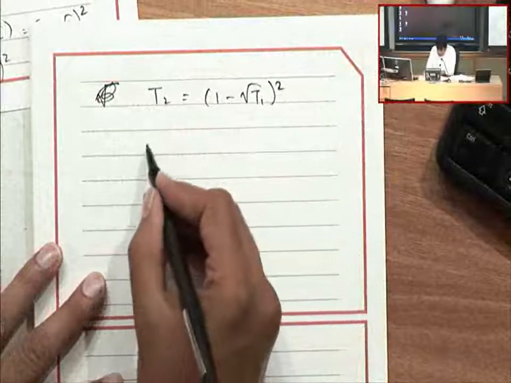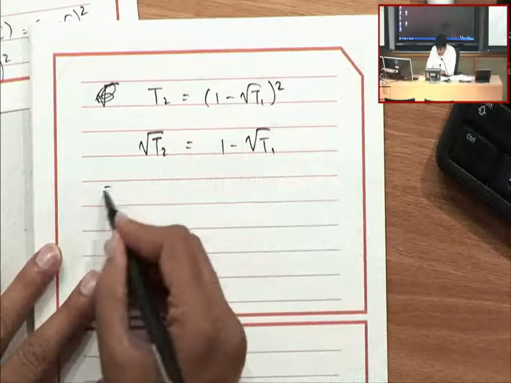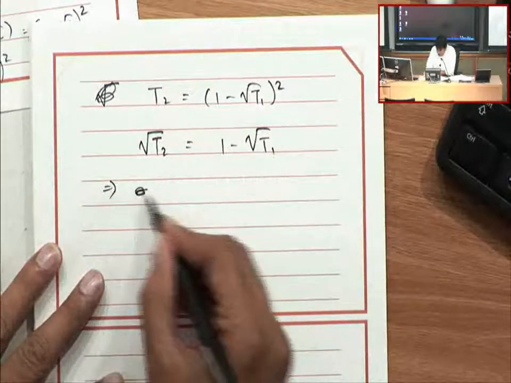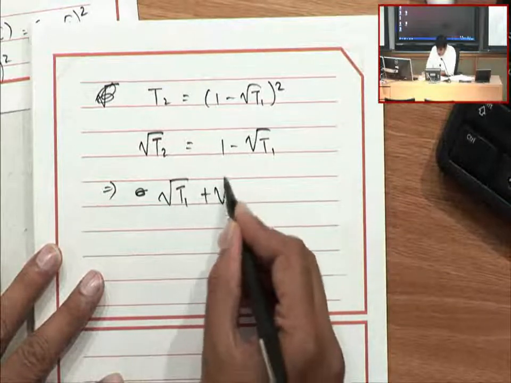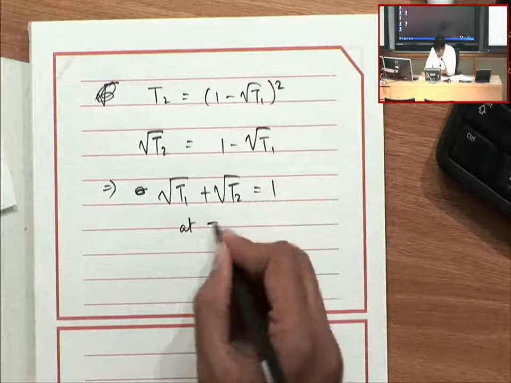If I take the square root of both sides, square root of T2 equals 1 minus square root of T1, which implies that square root of T1 plus square root of T2 equals 1. Okay? And this is true at the boundary.